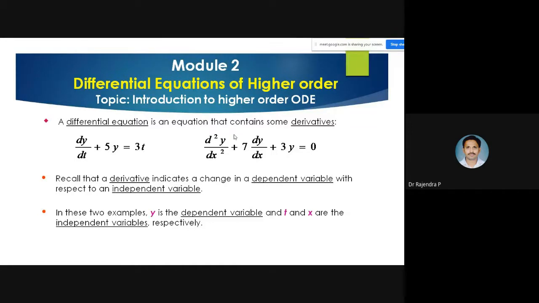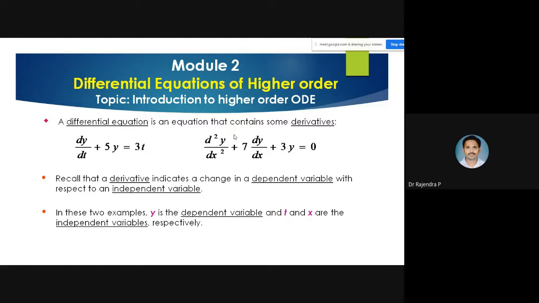So when can you say these equations are linear equations? Let me check with you how many people have identified the linear equation here. Is there any linear differential equation? First one, sir, dy by dt plus 5y is equal to 3t. Very good.